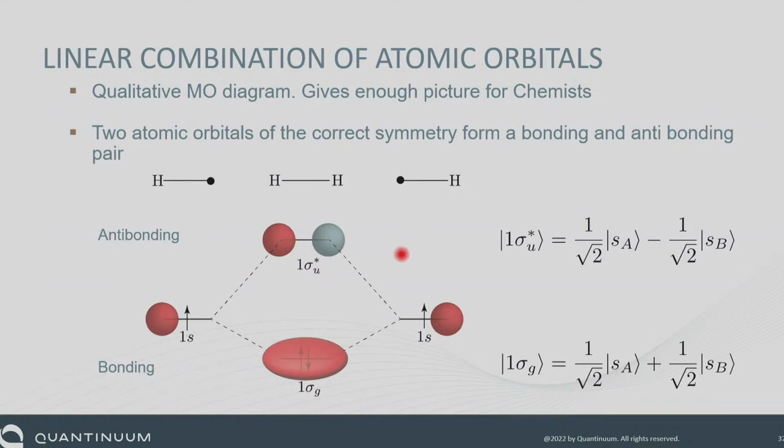What we call the sigma g, this is the bonding orbital, and this is a positive linear combination of the two s orbitals. And then we get the sigma u star, which stands for gerade and ungerade, I think, which is German for symmetric across the center inversion, and anti-symmetric.